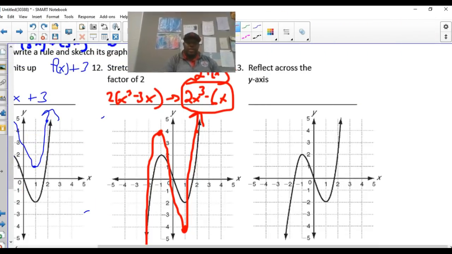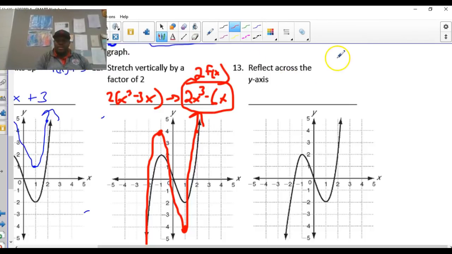Now, let's go ahead and look at this last part where we reflect over the y-axis. When you reflect over the y-axis, what you have is f of negative x, okay? So we take our equation, and you need to know that all your x's will be negative. Minus 3 times negative x. The x's need to be negative to reflect over the y-axis.